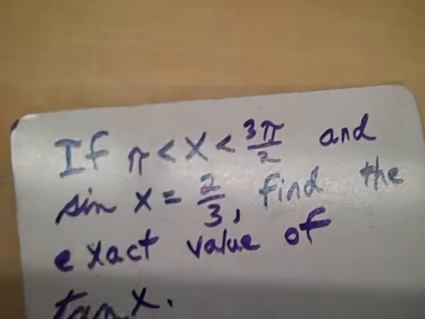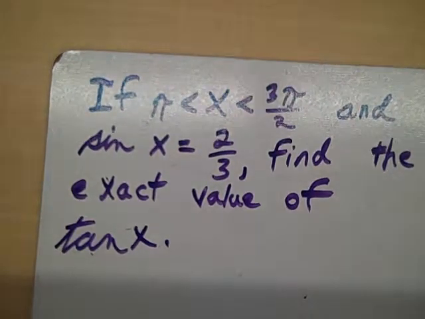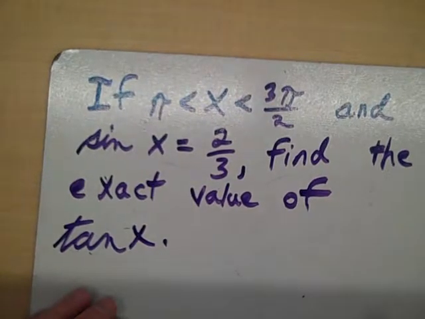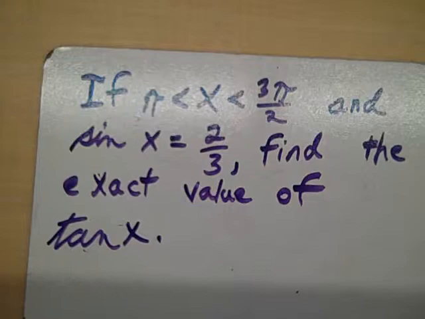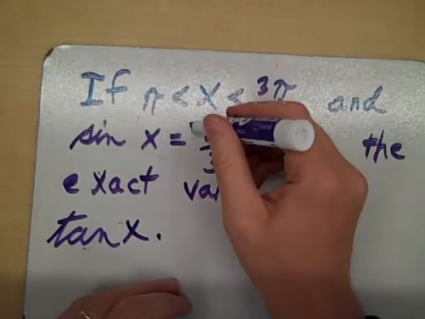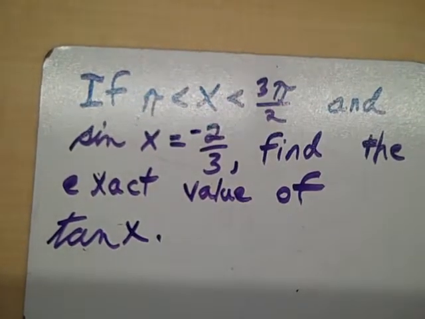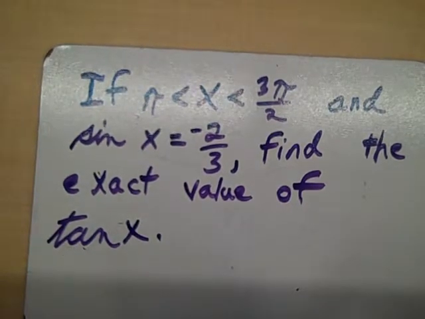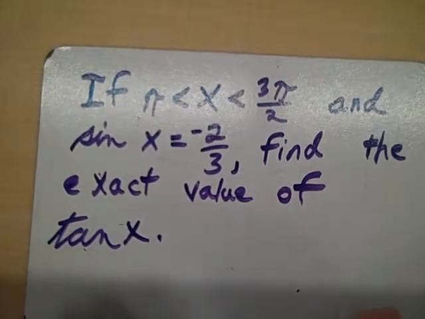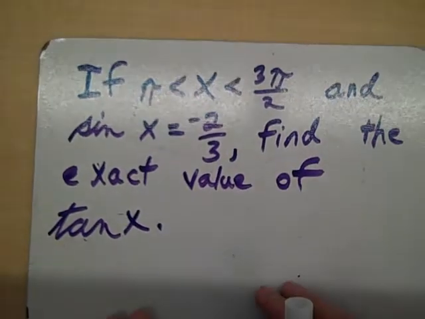Let's do one more. If x is greater than pi and less than 3 pi over 2, and the sine of x equals negative 2/3, find the exact value of the tangent of x.